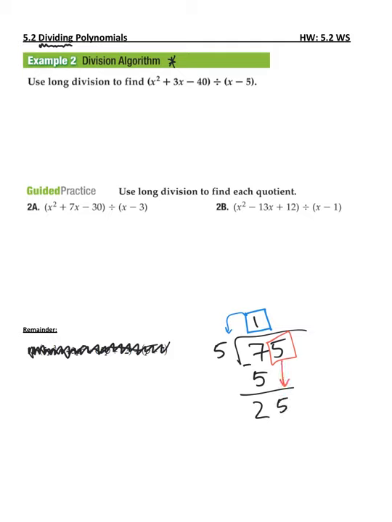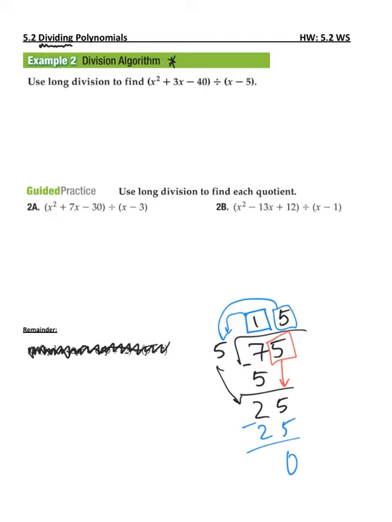Now we're looking at how many times 5 goes into 25. Well, 5 goes into 25 five times. 5 times 5 is 25, so when we subtract, 25 minus 25 is 0. On a problem like this, we would say there's no remainder. 0 is the remainder. That algorithm can be used to divide polynomials.